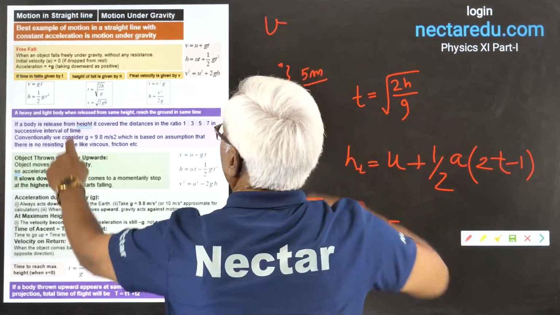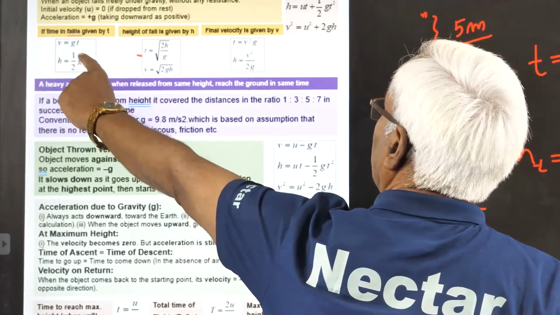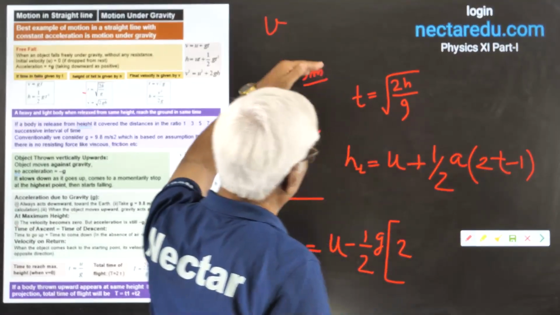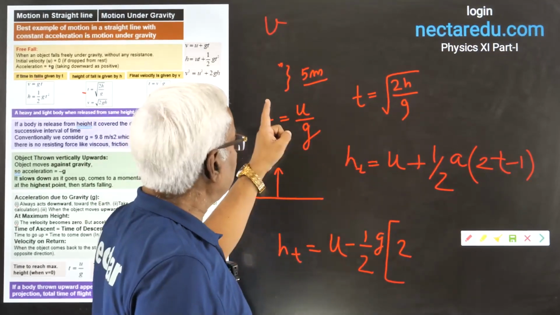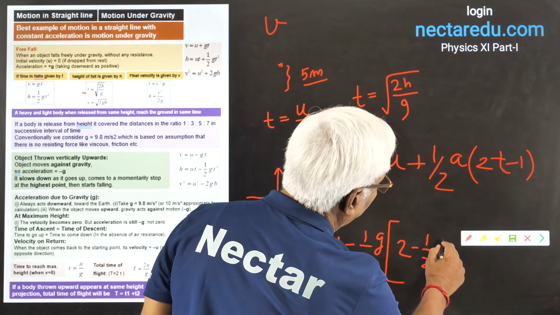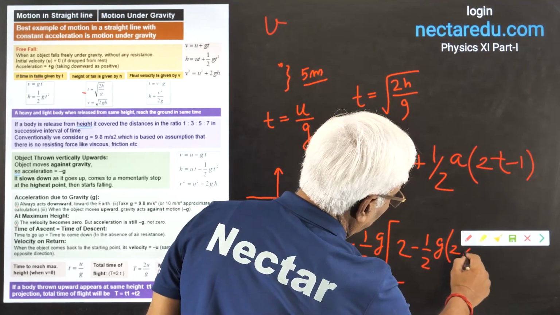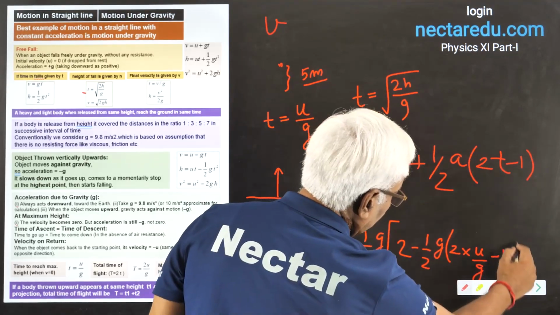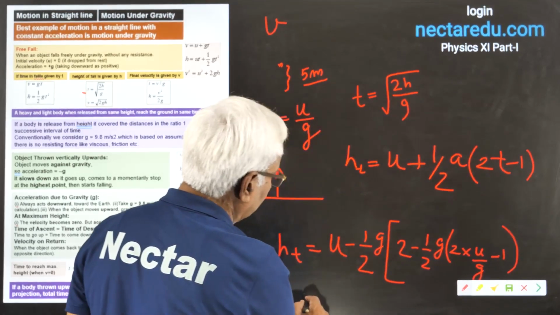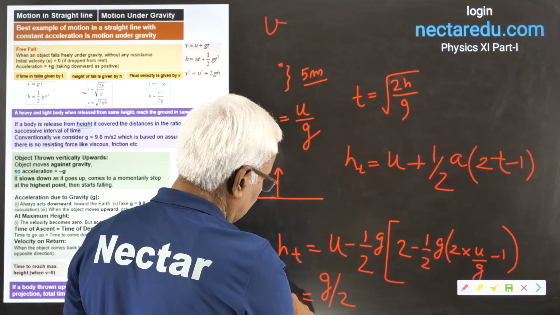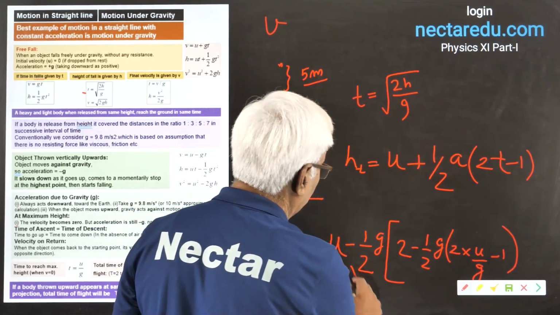By this relation, we have t equal to v upon g. Since the starting is here with velocity u, it is going to be u upon g. You put this here: minus half g times (2u upon g minus 1). You just solve it, you are going to get it equal to g by 2 only.